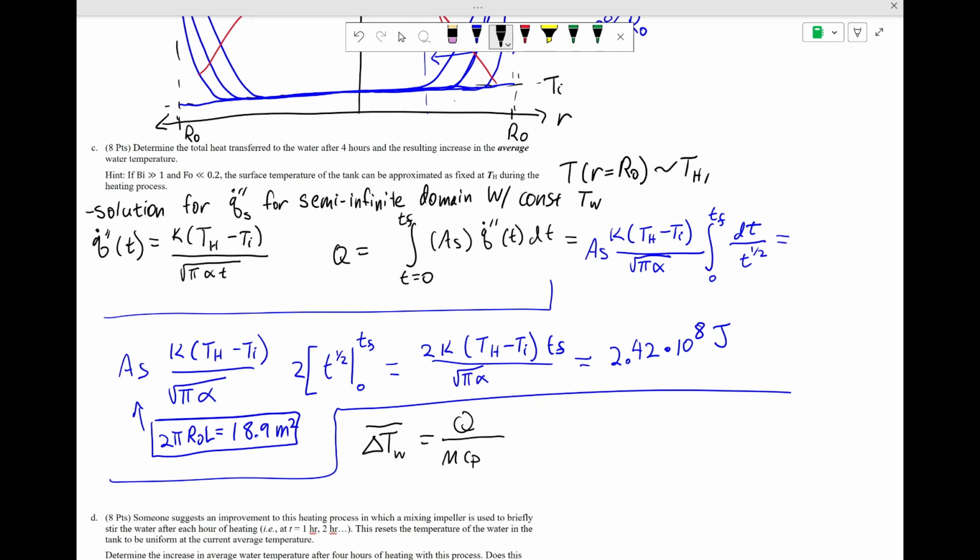So this is equal to Q over the density of water times the volume of that tank, which is pi RO squared times the height of that tank, or L, times Cp for water. When we plug this in, we get a total temperature change of about 6.14 Kelvin on average. Although in truth, it's really mostly just the water near the outer surface. But if you then let that tank sit for a while and reach equilibrium, the total temperature should come up by about that 6 degrees.